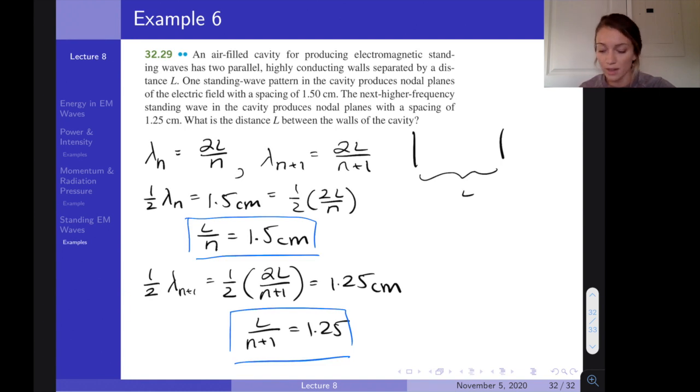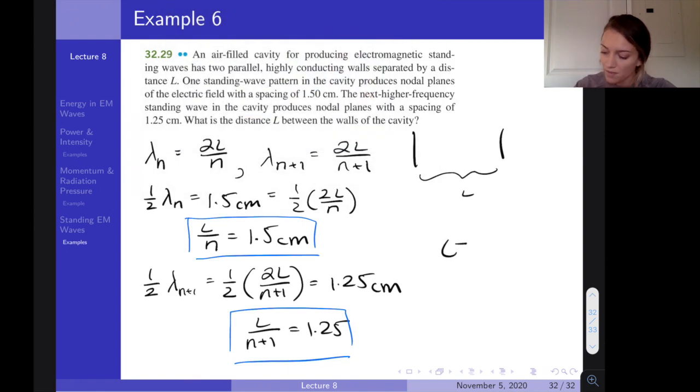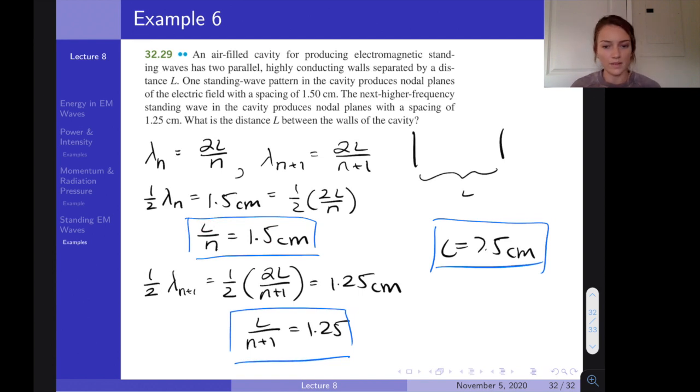So when you solve for L, you get that L is equal to 7.5 centimeters. So you just solve these 2 equations, solve for L, and you get that L is 7.5 centimeters.